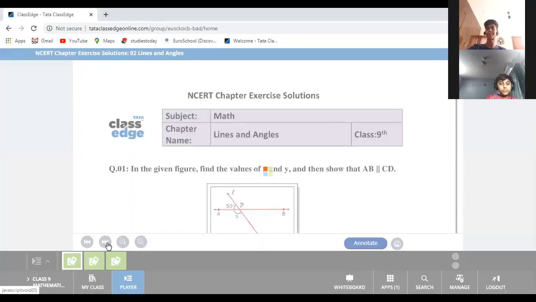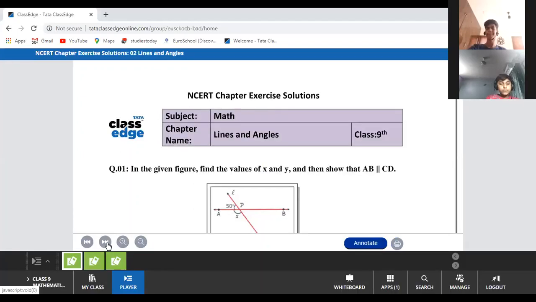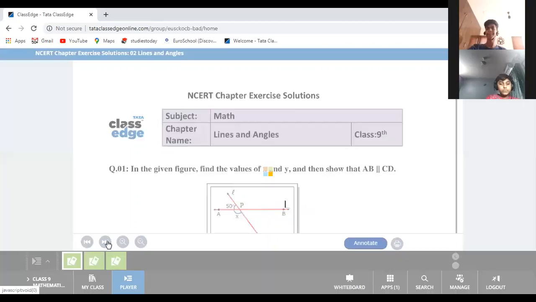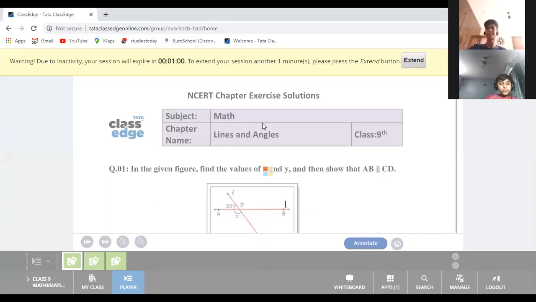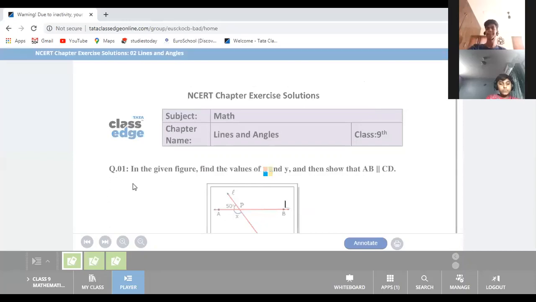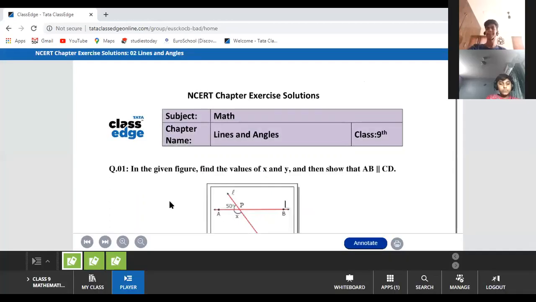Remember the properties, children? When two lines are parallel and the transversal intersects those two parallel lines, what are the properties satisfied? Vertically opposite angles, that is when two lines intersect.